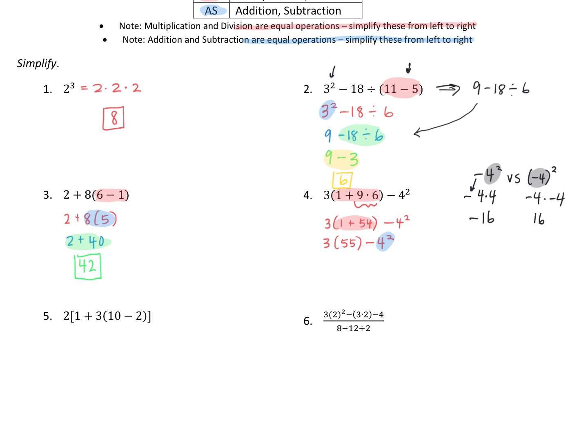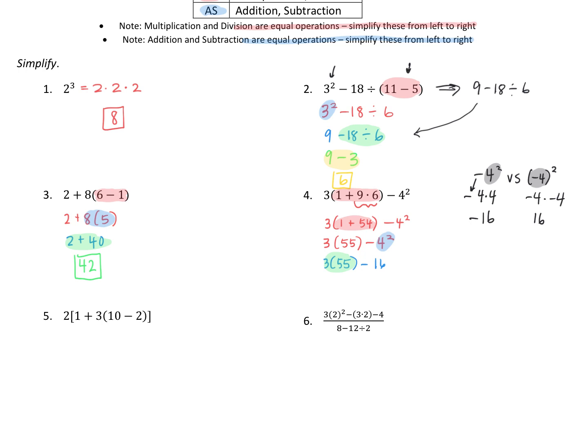In this case, example 4, we don't have parentheses. So we're going to end up with 3 times 55 minus 16. Now we're going to move on to the next step of order of operations. That's multiplication and division. We do have some multiplication.